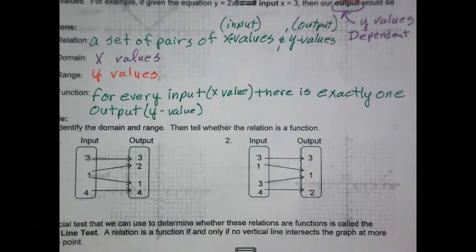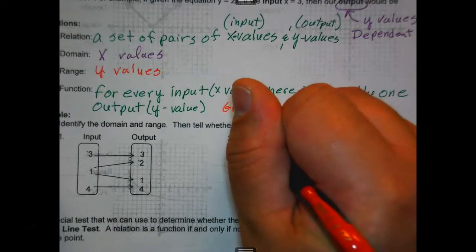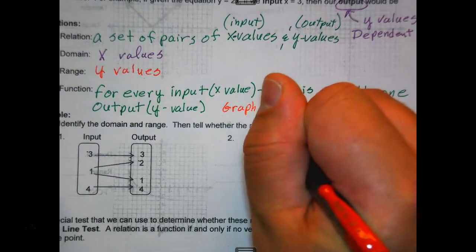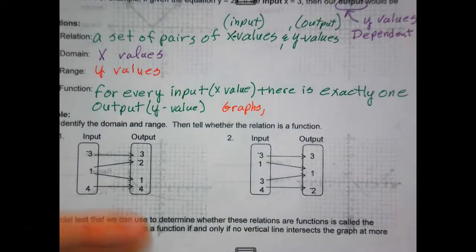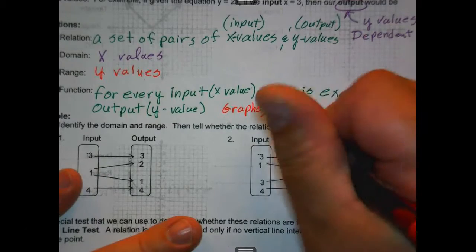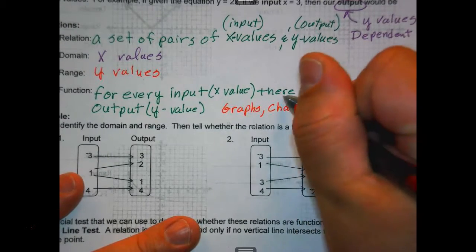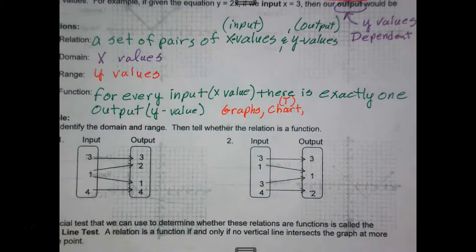Okay. There are 4 different ways to represent these. Do you remember from Algebra 1? Graphs, the 2-column things, doohickeys. Okay, so that 2-column thing, we used to call them T-charts. I think they just put them in chart form now. Chart. I'm going to put a little T up there because that's the olden days.